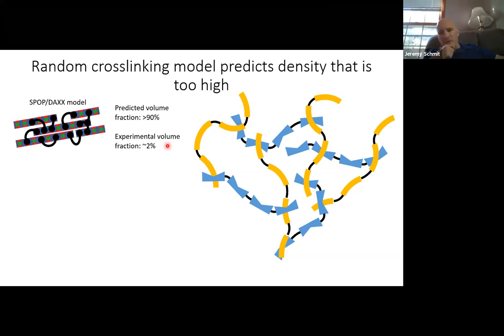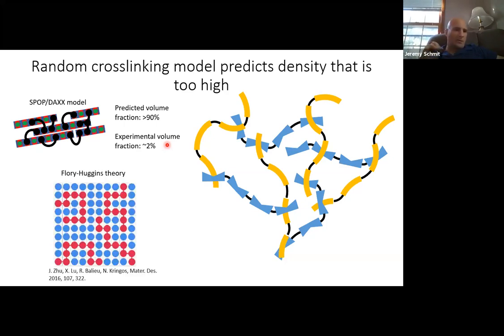So what else could we try here? We tried throwing every other type of model we thought we could at them. We tried three-component Flory-Huggins, and this, that, and the other thing. They all gave very similar results. And it's fairly easy to understand why we would get this result. If you're going to form some kind of three-dimensional network, there's your three-dimensional network.